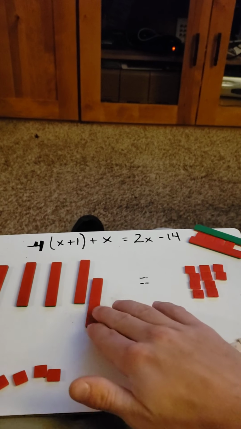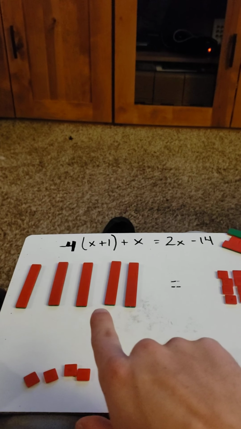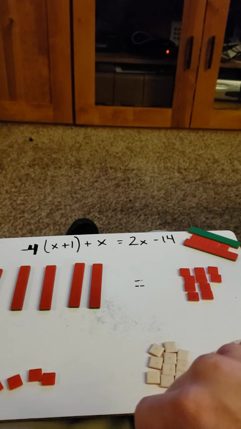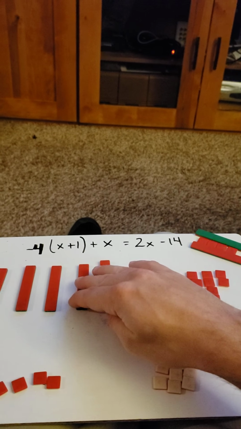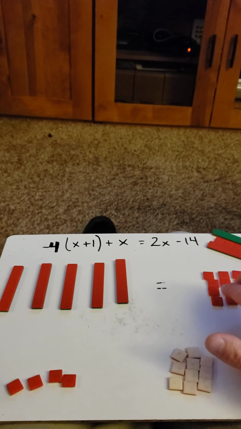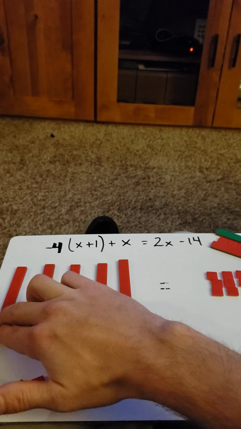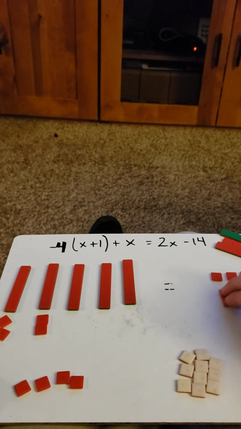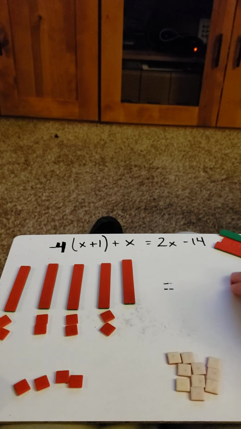Now what we can see on the board is negative 5x equals negative 10. Another way to see this is that we have these negative 5x's, and we can bring these negative constants over here, one, two, three, four, five.